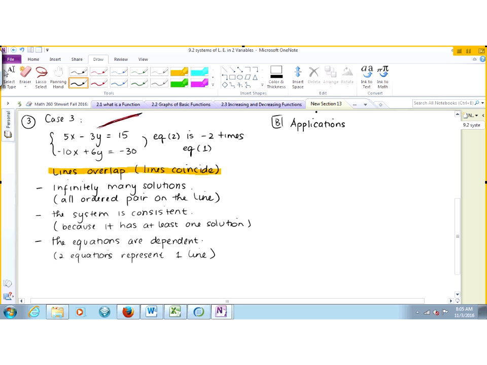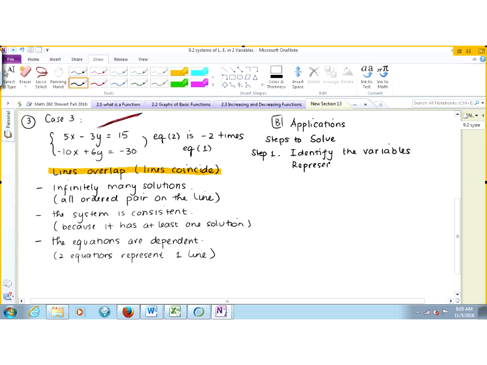So what do we do in applications? So what we want to do in step 1, steps to solve. So we identify the variable. All right, so this is step 1.